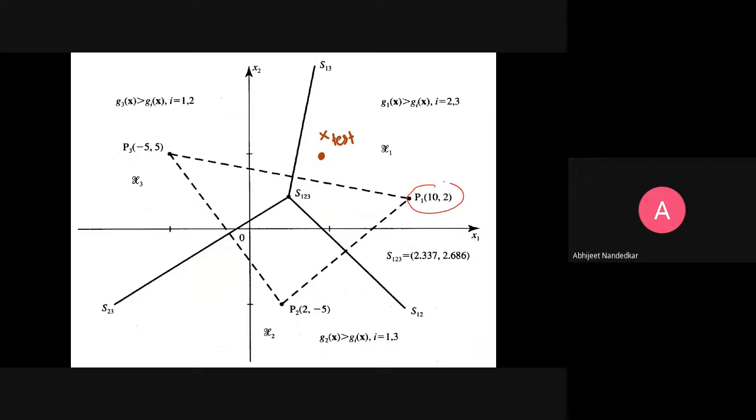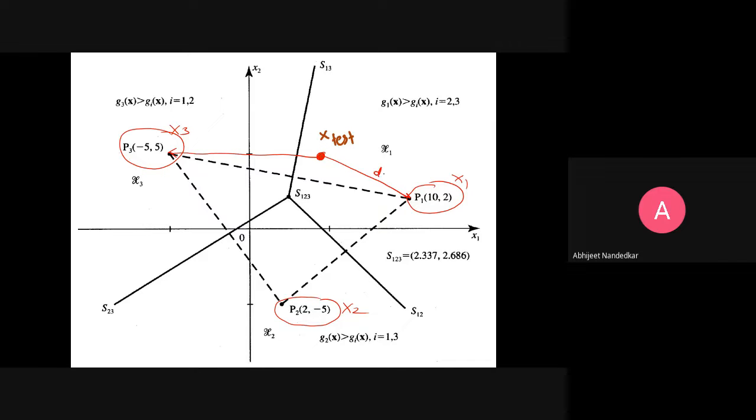Prototype 1, that is x1, is here at (10, 2). Then prototype 2, x2, is here. Prototype 3 is (minus 5, 5), here. Now suppose this is the sample given to you, X test, and you want to classify it. What is our basic principle? Try to remember that: you find the distances to the prototypes.